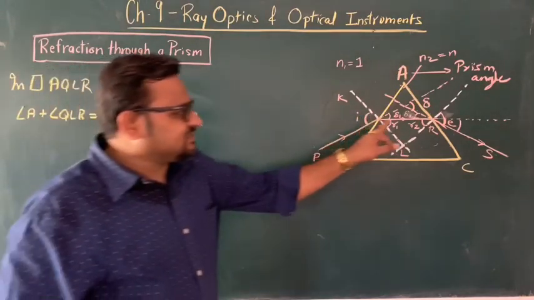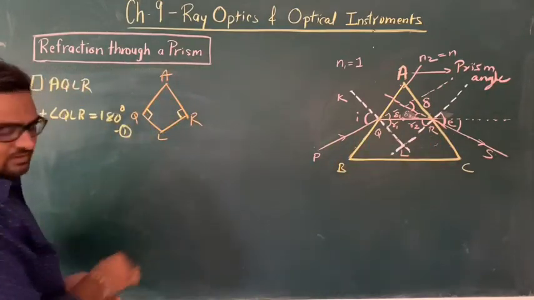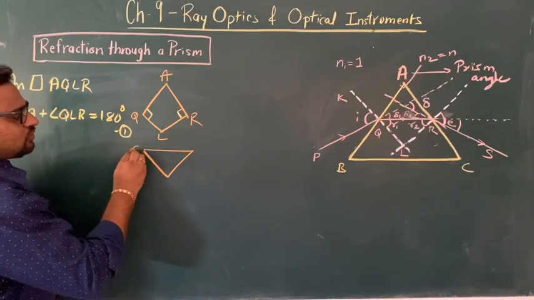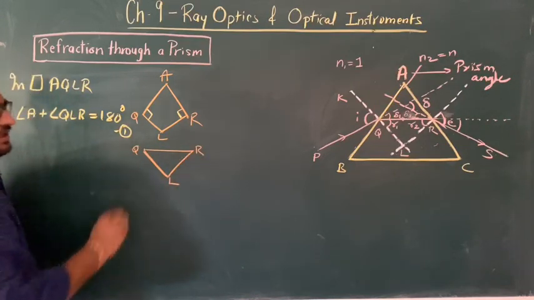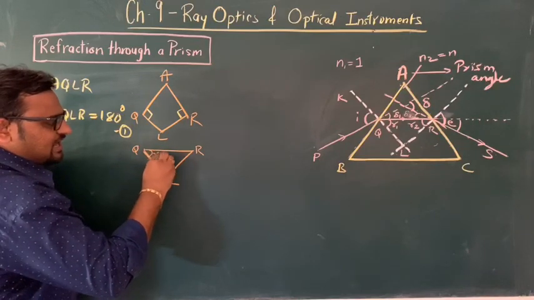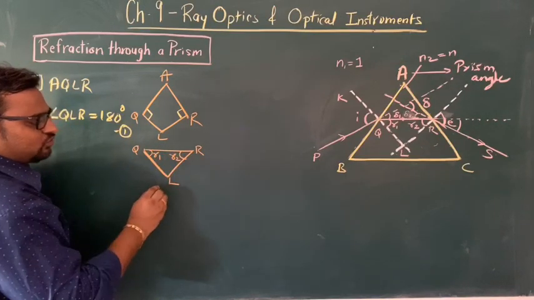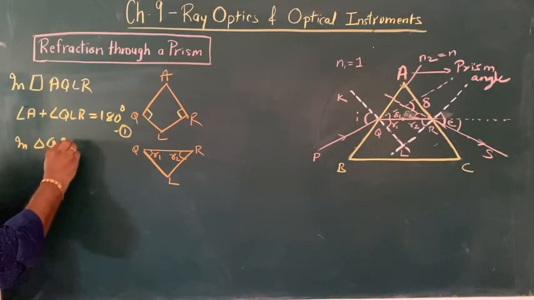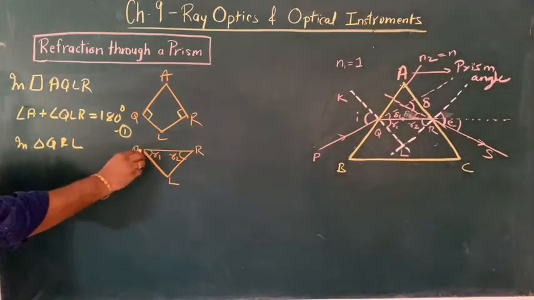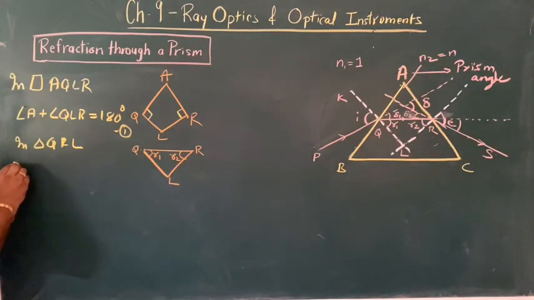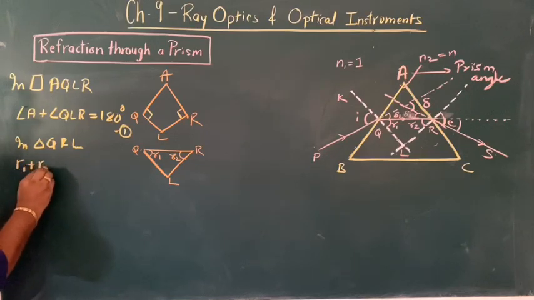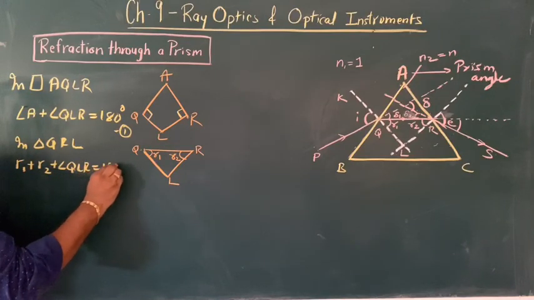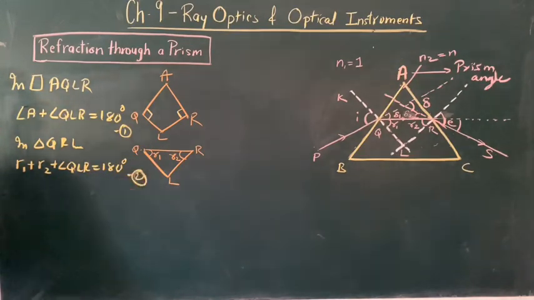Now let's take the triangle QRL. This angle is R1, this angle is R2. In triangle QRL, the summation of all three angles of a triangle is 180. So R1 plus R2 plus angle QLR equals 180 degrees.